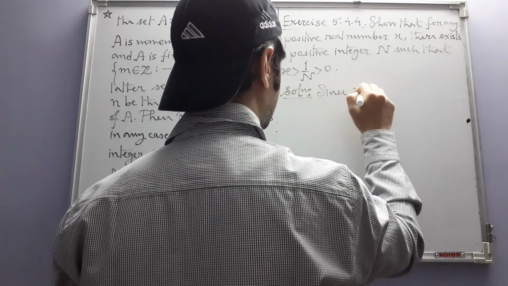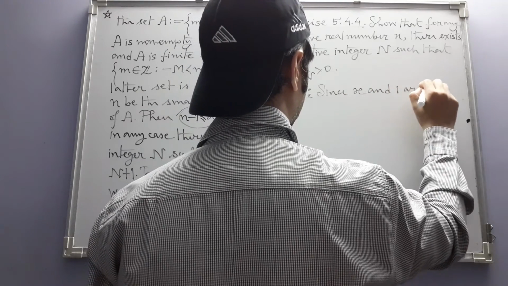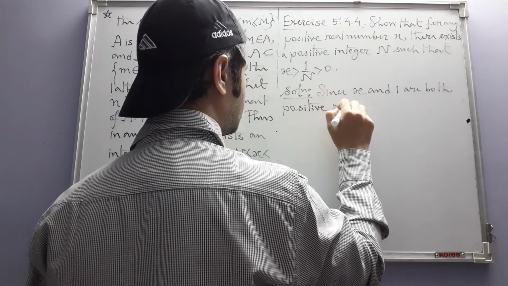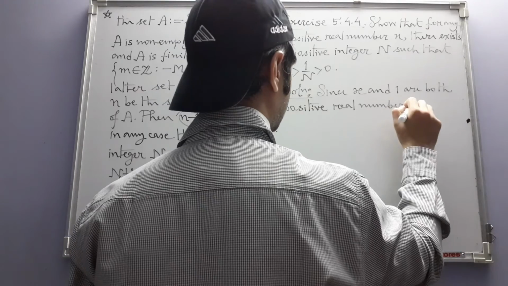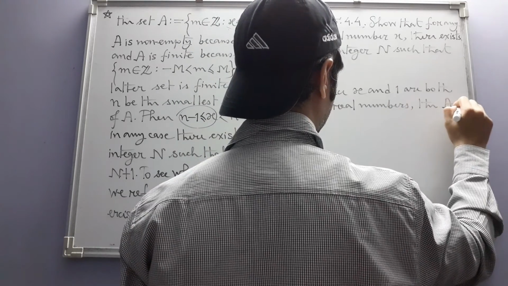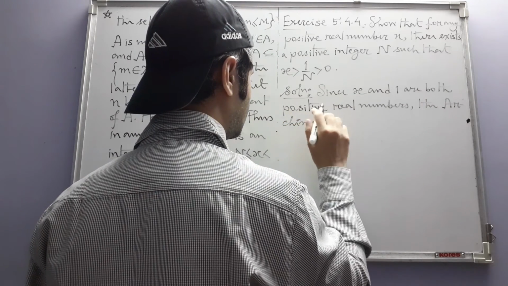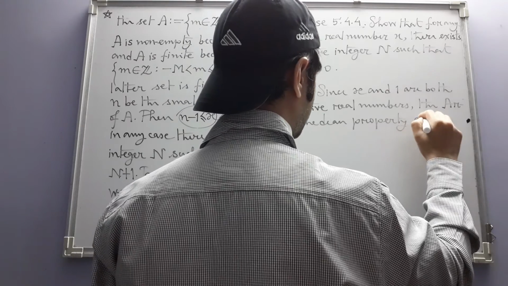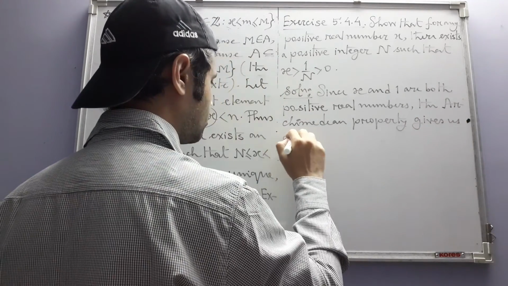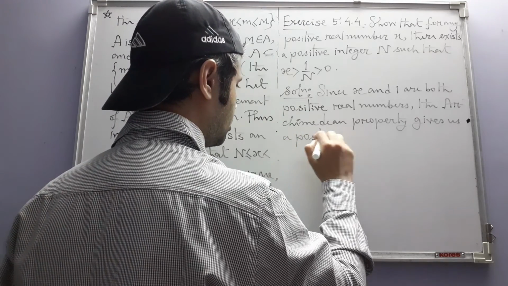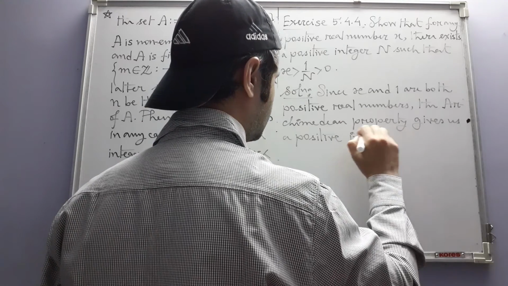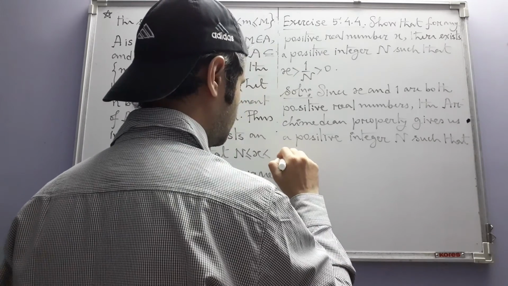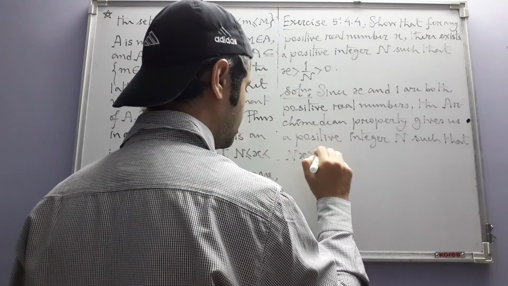Since x and 1 are both positive real numbers, the Archimedean property gives us a positive integer n such that nx is greater than 1.